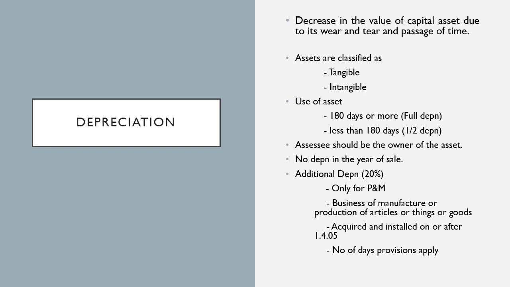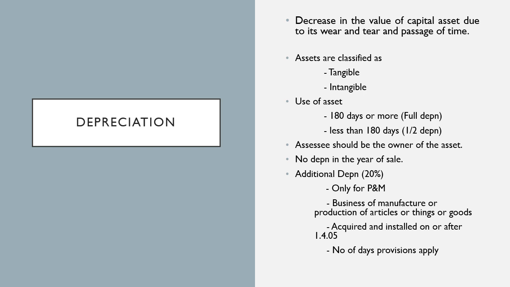Assets are classified as tangible and intangible assets. The tangible assets include building, plant and machinery, furniture, etc. And the intangible assets include copyrights, patents, technical know-how, and many more.